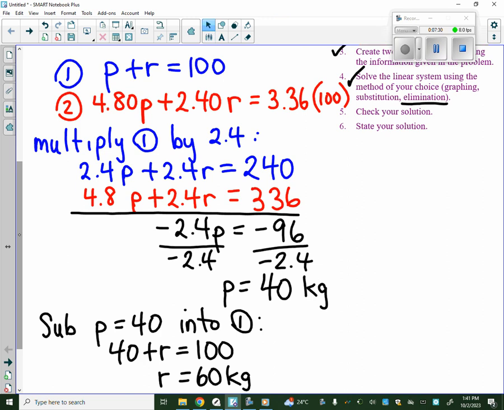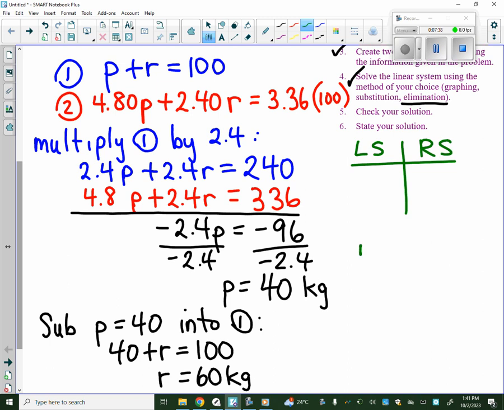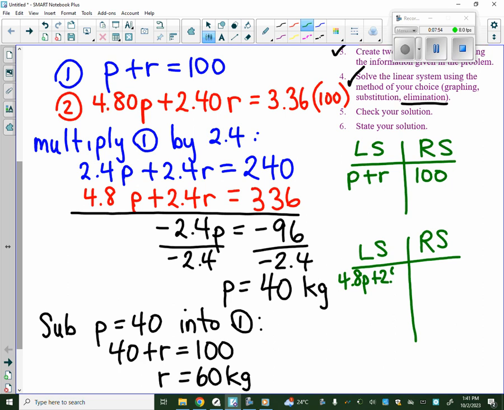I'm going to fit my checking in over here on this side. I'm going to do a left side, right side check for the first equation. I'm also going to do a left side, right side check for my second equation. Let's just make sure that everything is working out okay. So P plus R is 100, and the other one is 4.8p plus 2.4r equaling 336. P is 40, r is 60.